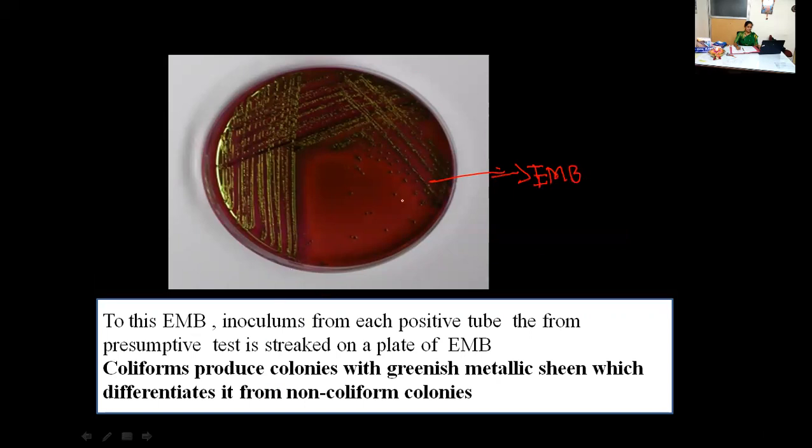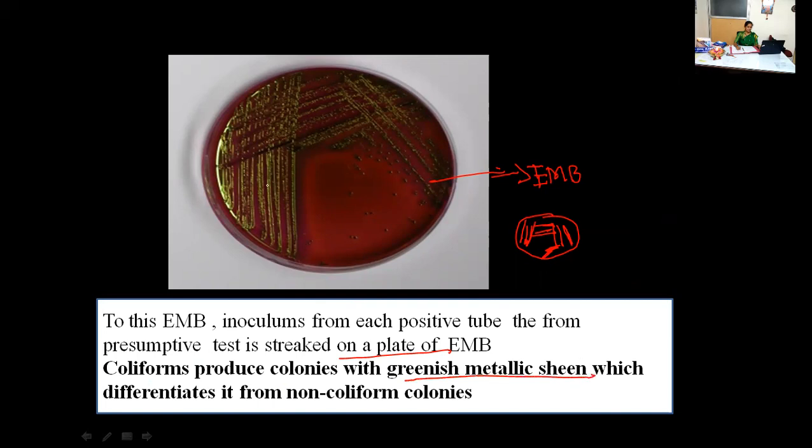In this EMB plate, the inoculum from each positive test tube from the presumptive test is streaked on a plate of EMB. If you streak like this, after streaking you keep it in incubation. After the incubation, if there is a presence of coliform bacteria, coliform produces colonies with a greenish metallic sheen.